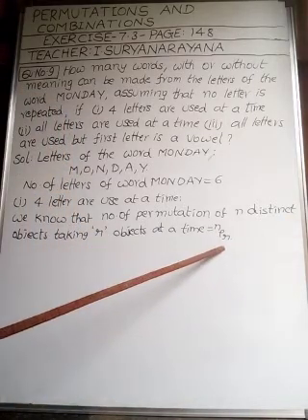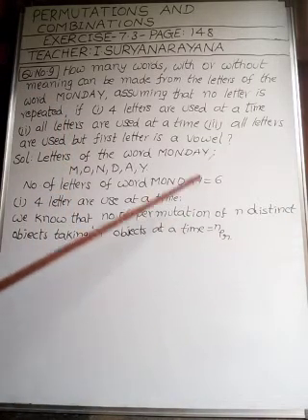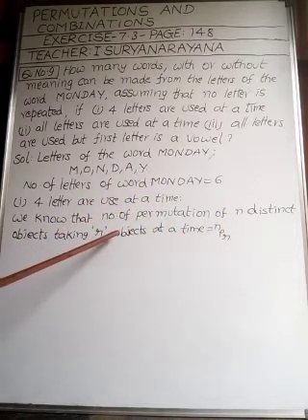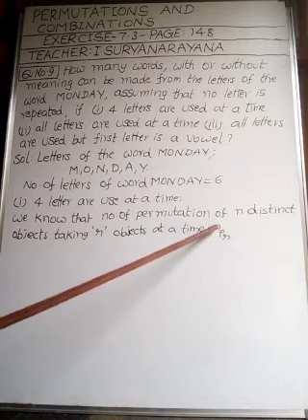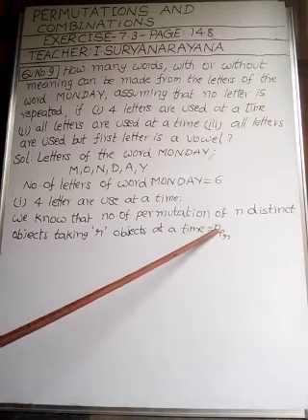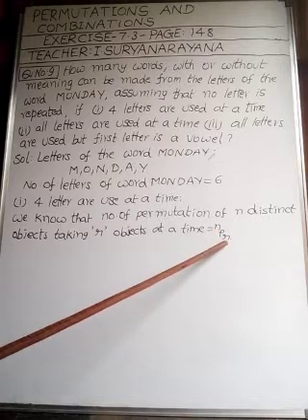Do you remember this definition, my children? It is denoted by the notation npr. Here n denotes the number of objects in our hand, and r denotes the number of objects to be taken at a time.